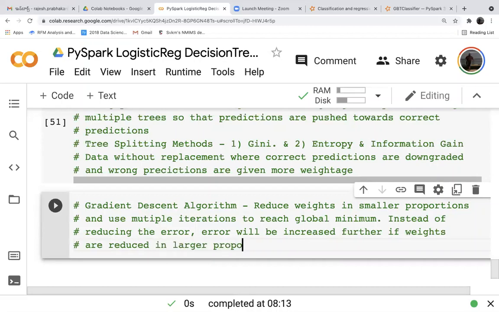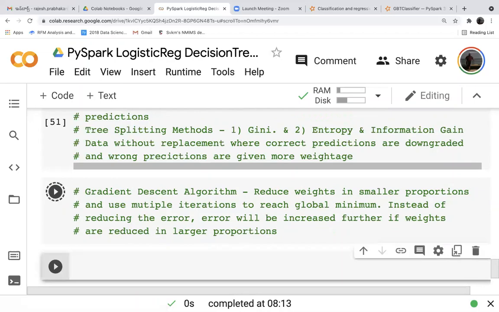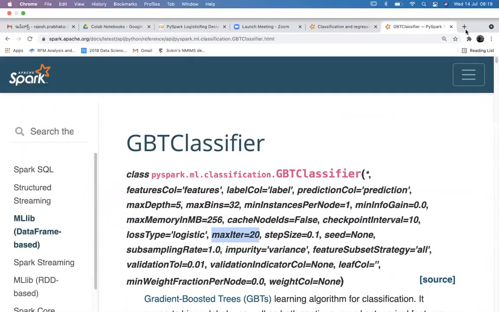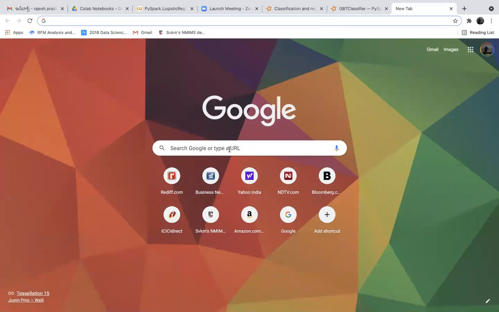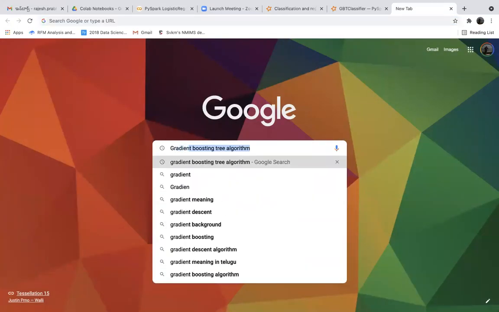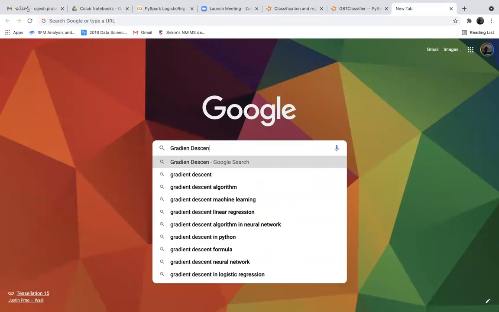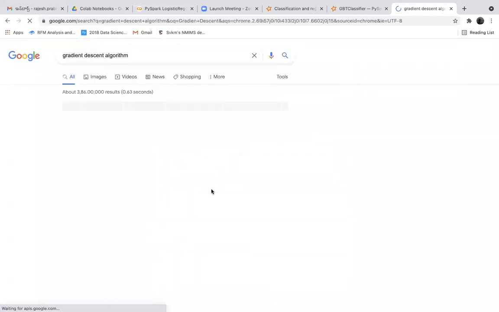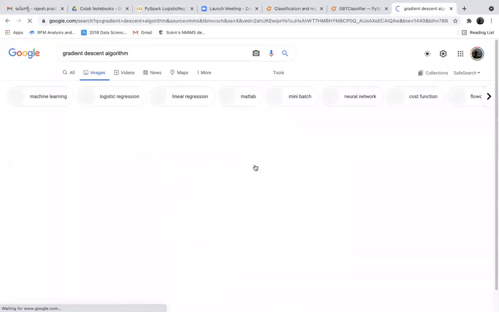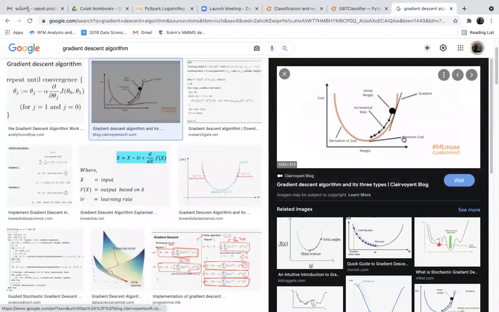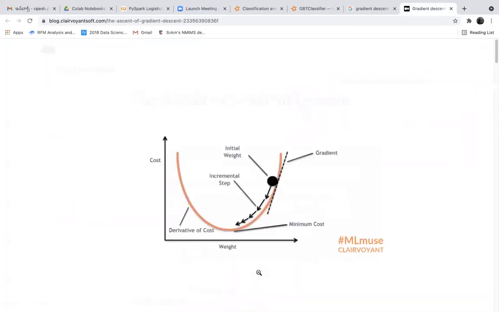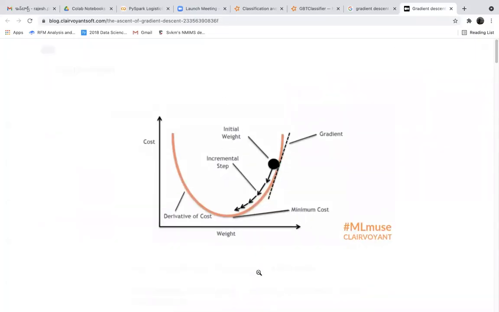So this is the theory behind the gradient boosting algorithm. Sorry, gradient descent. This gradient descent is used by the gradient boosting algorithm. So reduce the weights in smaller proportions such that you reach the global minimum in multiple iterations. So don't do the step in one go. And remember, you cannot make the error zero. You can only reach a minimum cost.